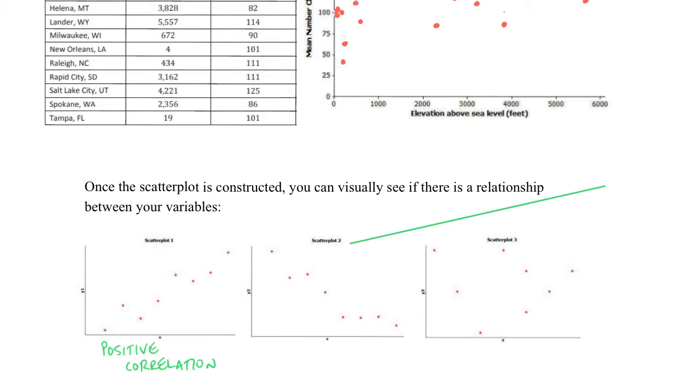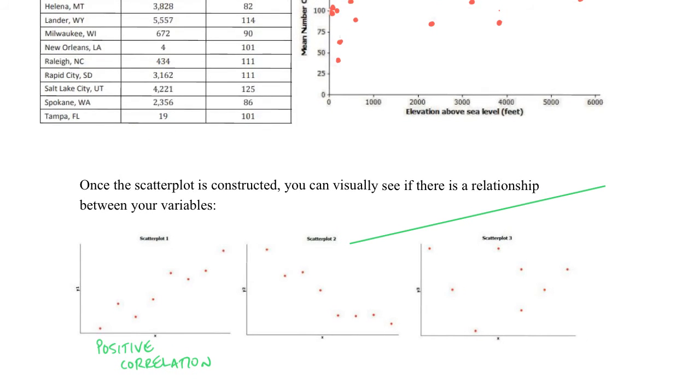Whereas with this one right here, the data is going down, so we would call that a negative correlation. And what that means is that as one variable increases, the other variable actually decreases.